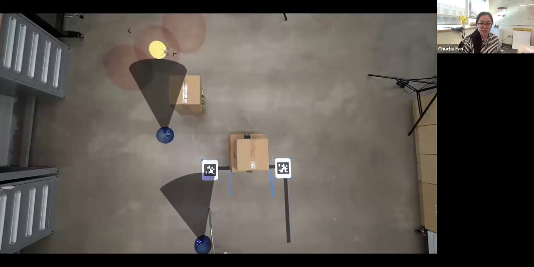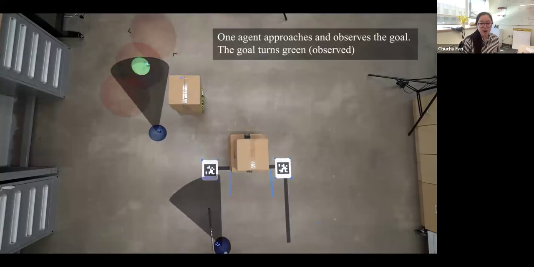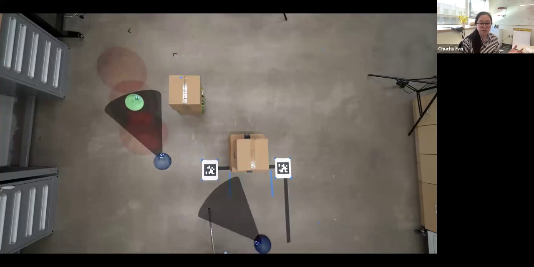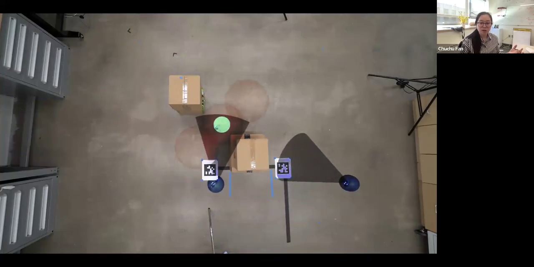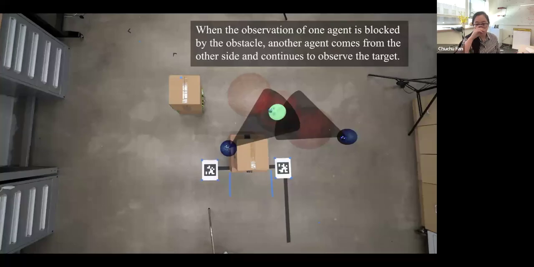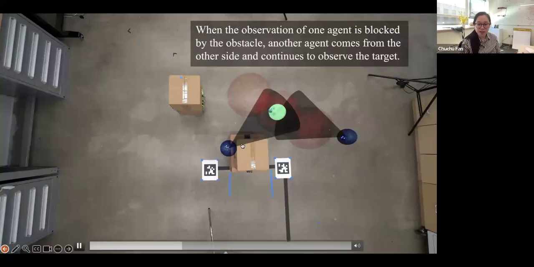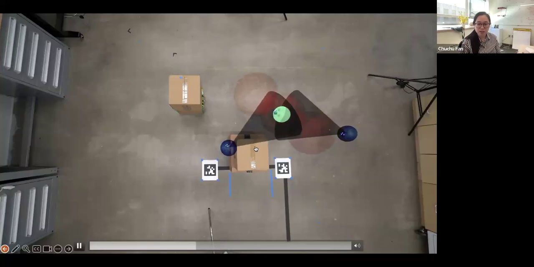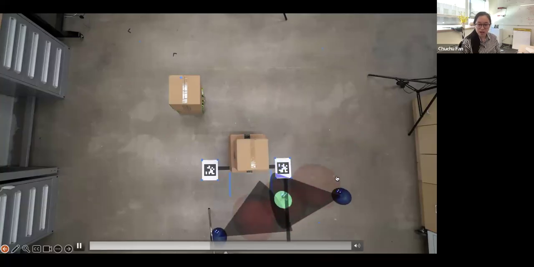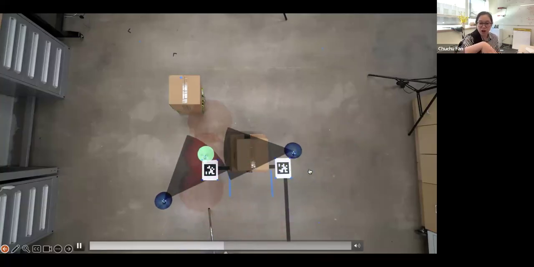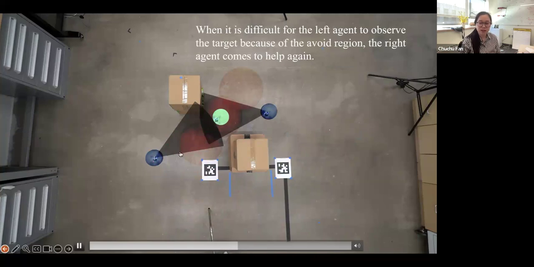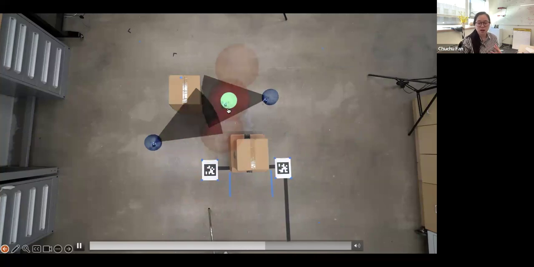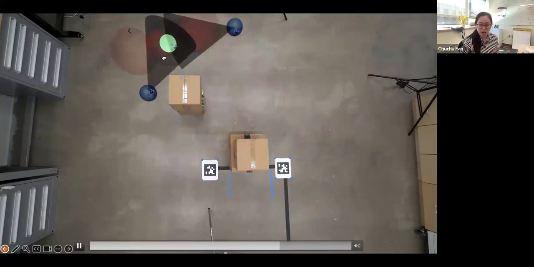So in that sense, you can see when one agent starts to approach and observe the target, this target will turn green. Now the target is moving around. When the observation of the left agent is blocked by the boxes, the other one learned to catch up and really take on that job. And the two really cooperate very well to make sure at least one of the agents keeps seeing the target.